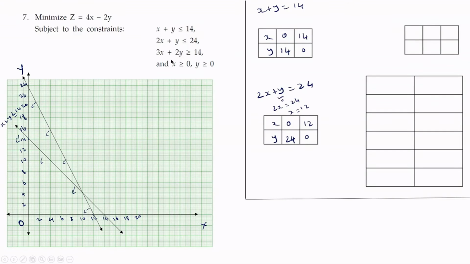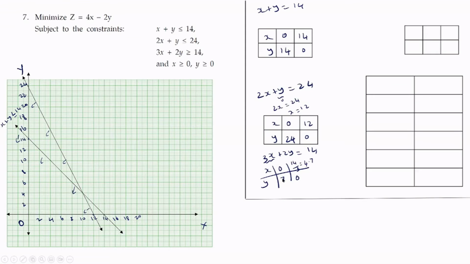Next we have the next inequality, 3x plus 2y greater than or equal to 14. So first we have to draw the line corresponding to 3x plus 2y equal to 14. When x is 0, this part will be 0, 2y equal to 14 or y is 7. Then when y is 0, this part will be 0, 3x is equal to 14 or x is equal to 14 by 3, or it is 4.7.